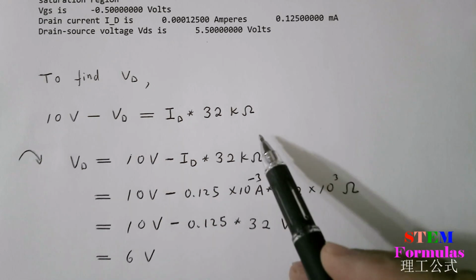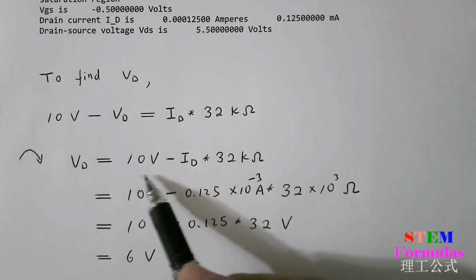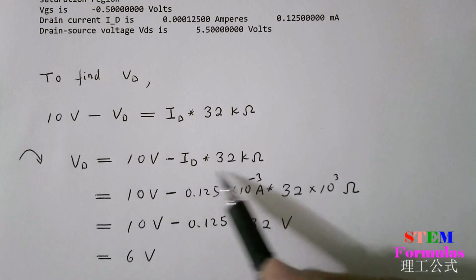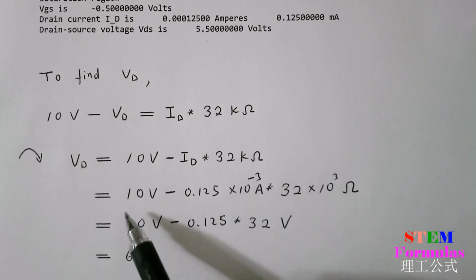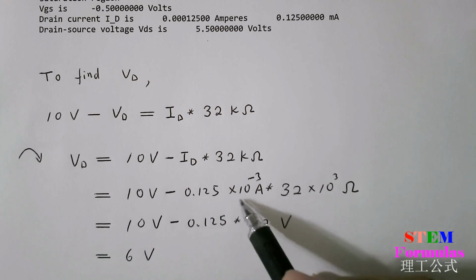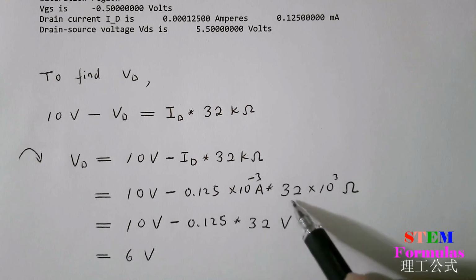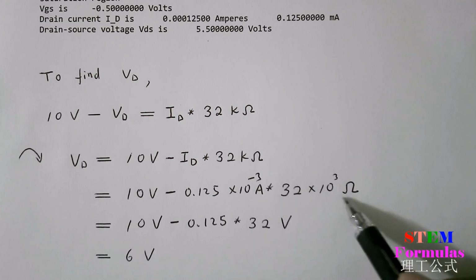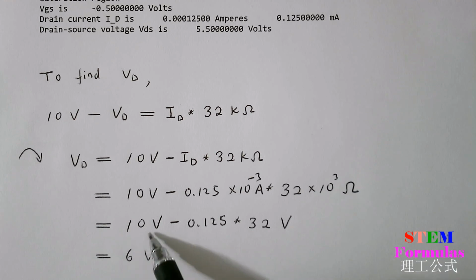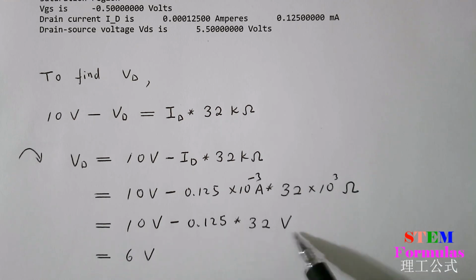So from this equation, we can find VD equal 10 volts minus ID times 32 kilo ohm, equal 10 volts minus 0.125 times 10 to the minus 3 amp times 32 times 10 to the 3 ohm, equal 10 volts minus 0.125 times 32 volts, equal to 6 volts.